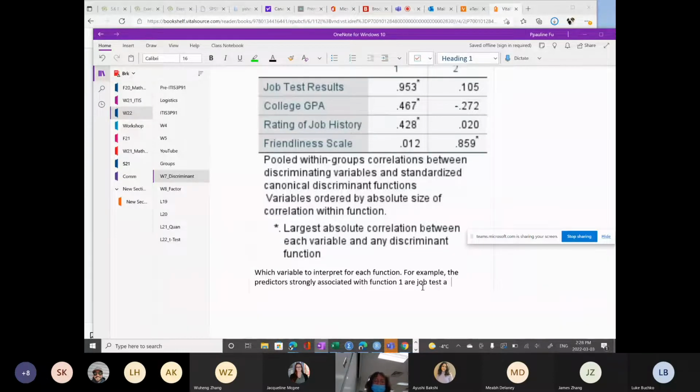Those two variables connect with function 1. And because of this, we give a meaningful name for function 1.